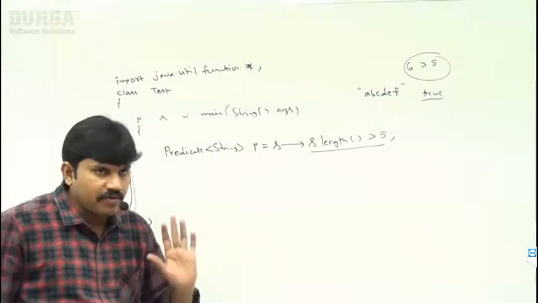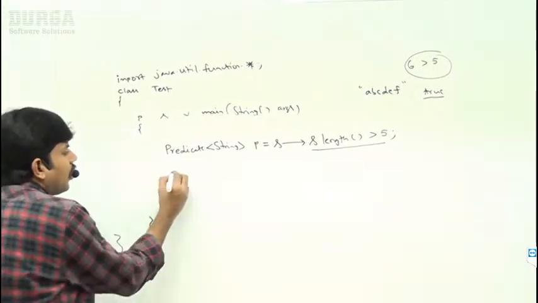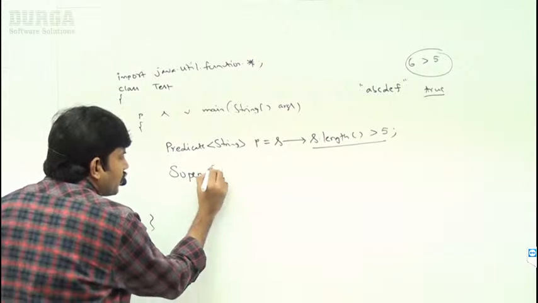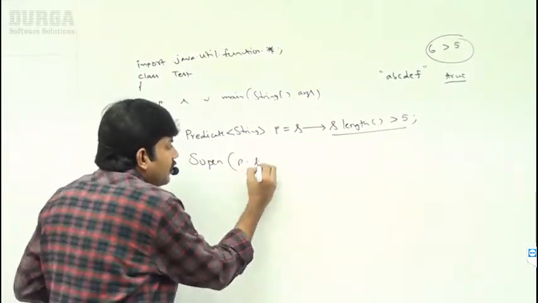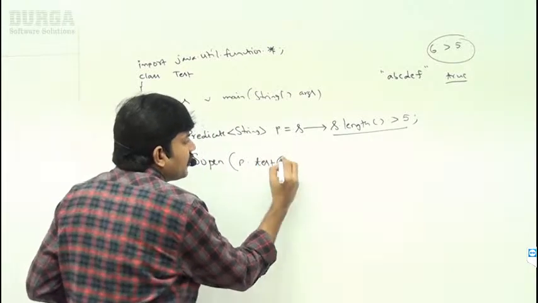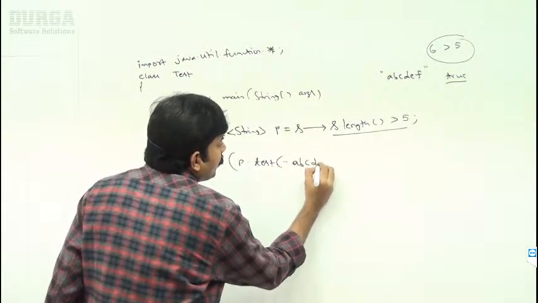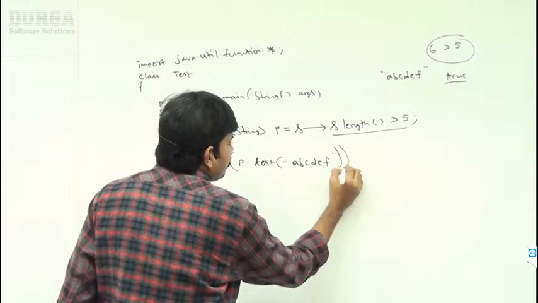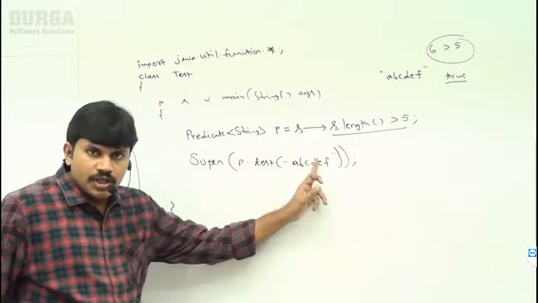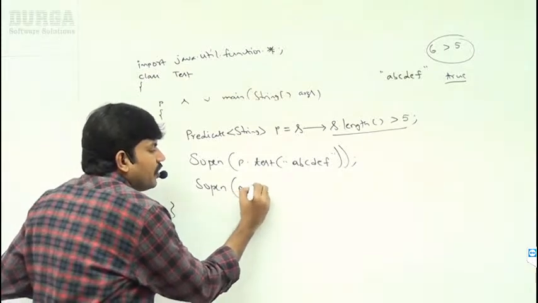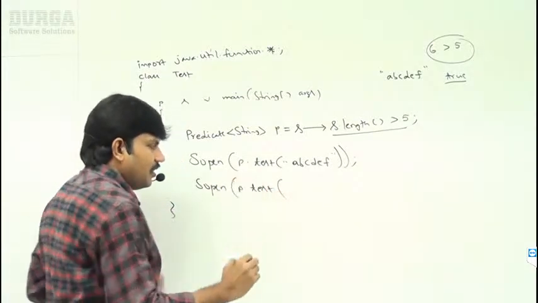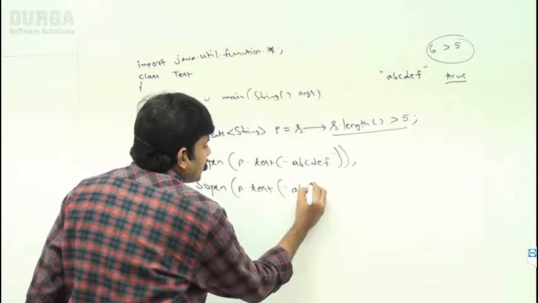That's my requirement, right? So now, how can I call it? System.out.println(P.test of ABCDEF). Are you getting it? System.out.println(P.test of ABC).